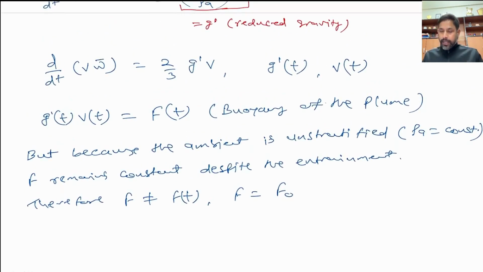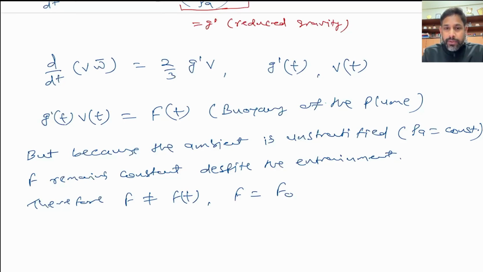Okay, so what's happening here is we know that G prime times V is equal to buoyancy, and in case of unstratified medium, as we have seen for continuous release case, that if the medium is unstratified, buoyancy of the plume does not change. So ambient does not affect the buoyancy and buoyancy remains constant even if there is entrainment into the plume.